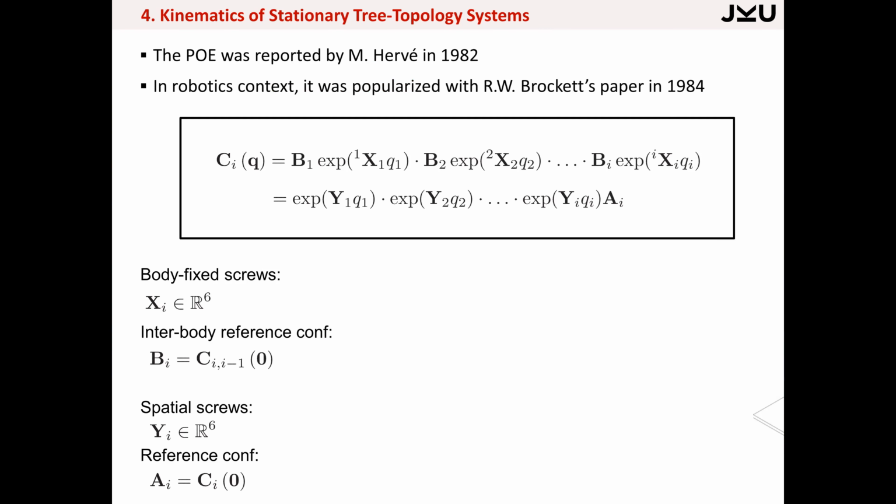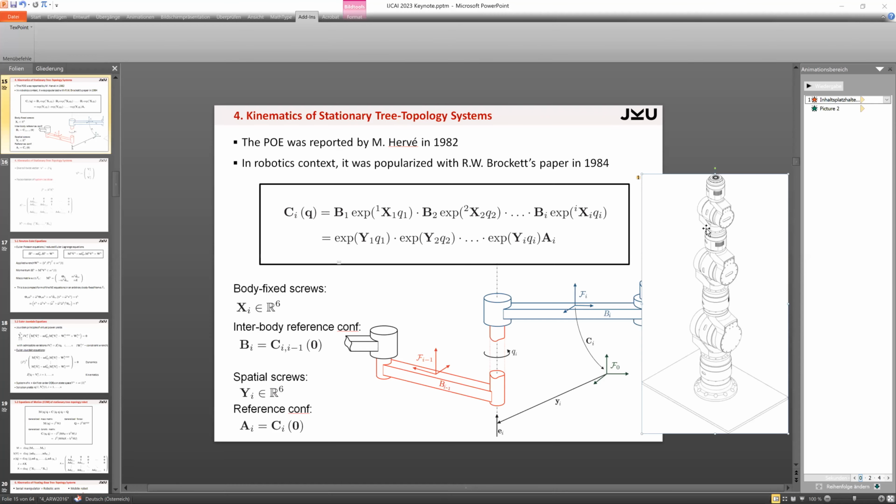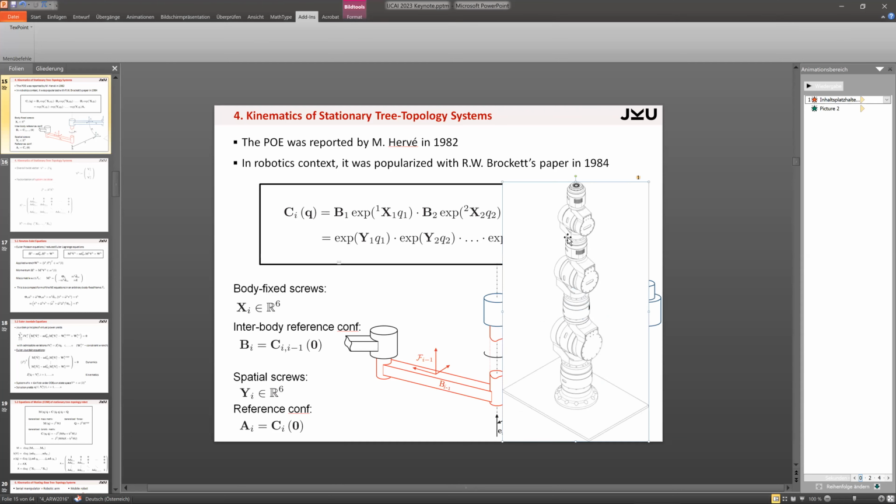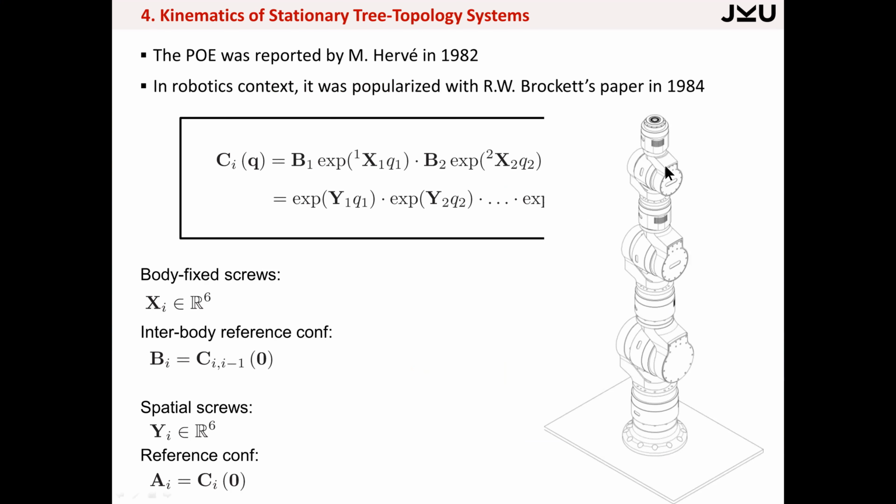You can describe the transformation within a robotic system that has many links, and the joint motion of each is described by an exponential. What goes into the exponential are the so-called screw coordinates. Without going into detail, these screw coordinates are just some very simple vector expressions that define the geometry of the joint. You plug this into the exponential.